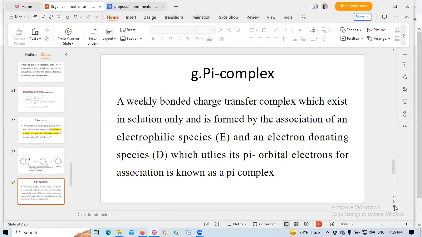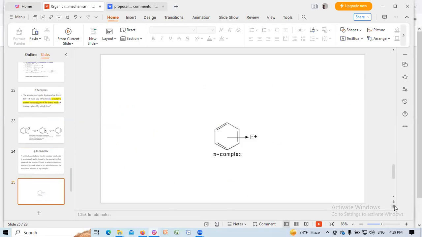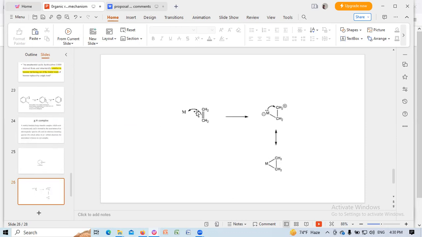These are the pi electrons which are associated with this electrophile. This is the pi complex, and this is another example of the pi complex.